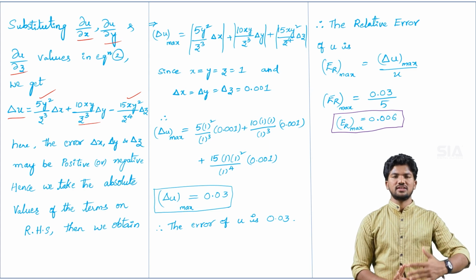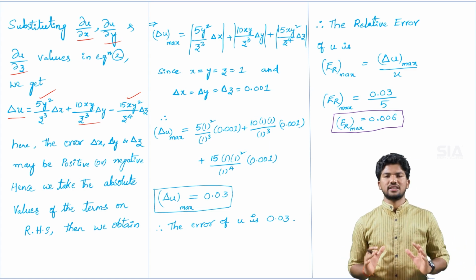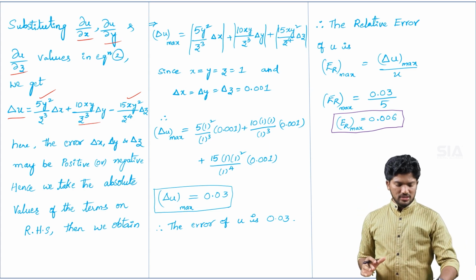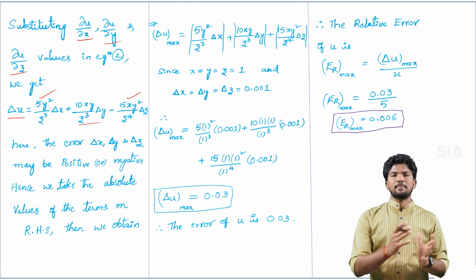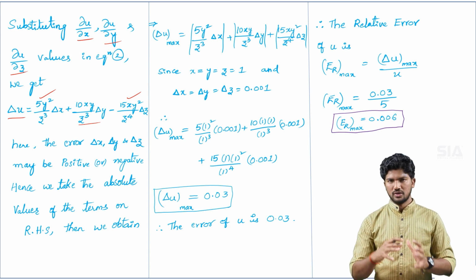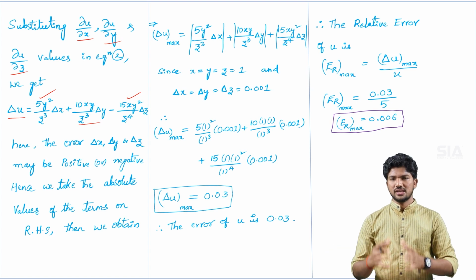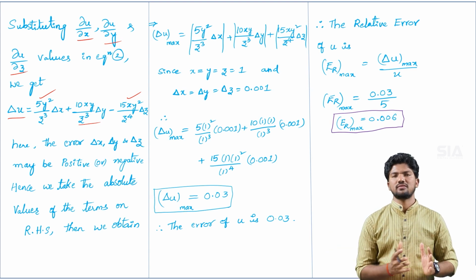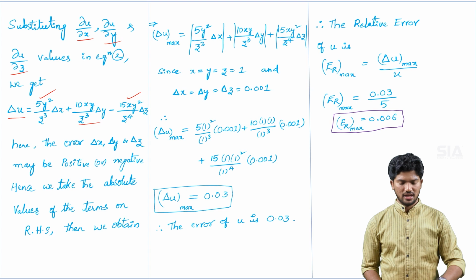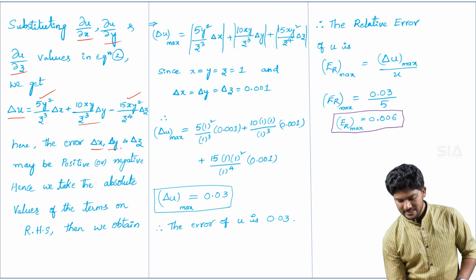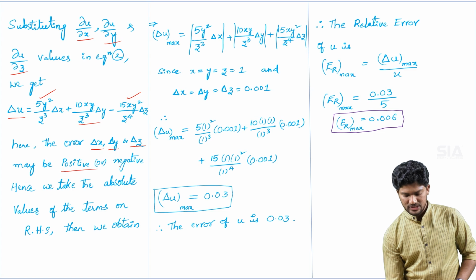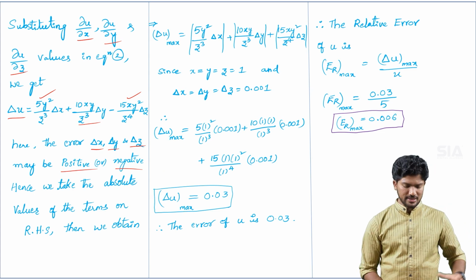After substitution of these values, you need to know that here we have the error values. Sometimes this error value may be positive or negative, but to get the error value we have to apply the magnitude of the given function. Here the errors delta x, delta y, delta z may be positive or negative in some cases.